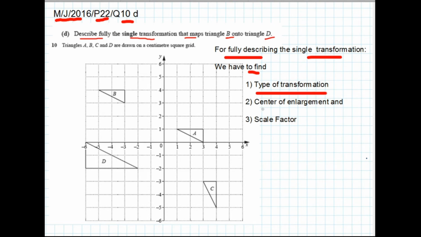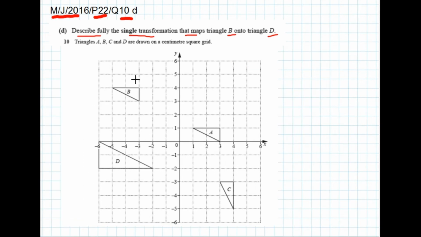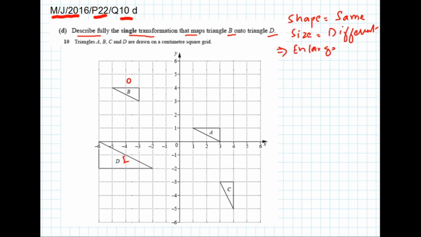Number 1 is the type of transformation. Number 2, the center of enlargement. And number 3 is scale factor. Triangle B is our object and D is its image as shown. Here the shape is the same but the size is different. So the type of transformation is enlargement.